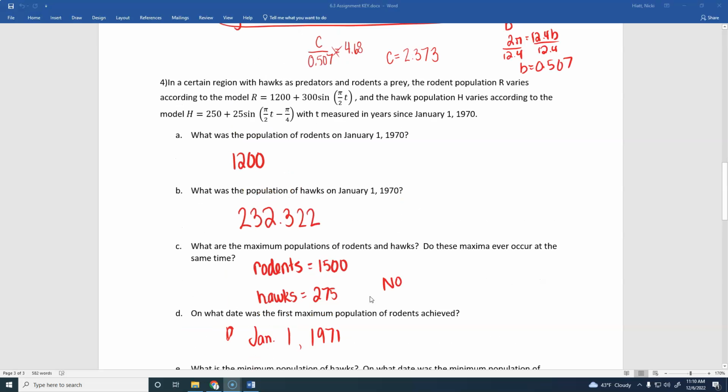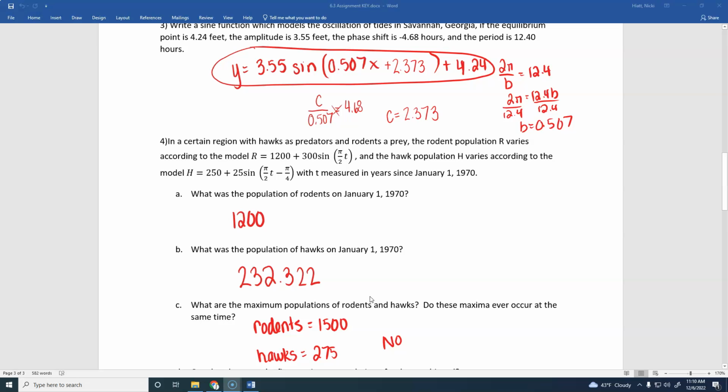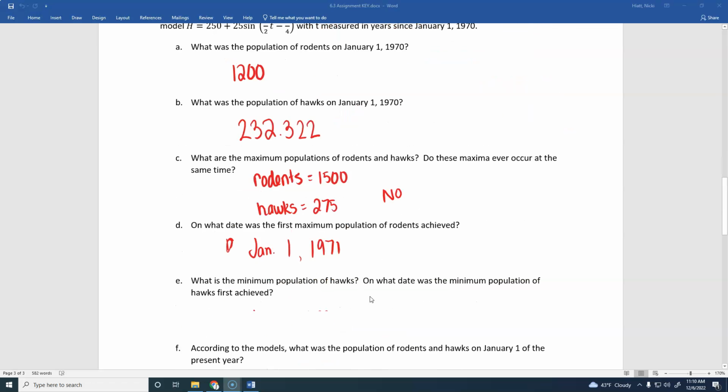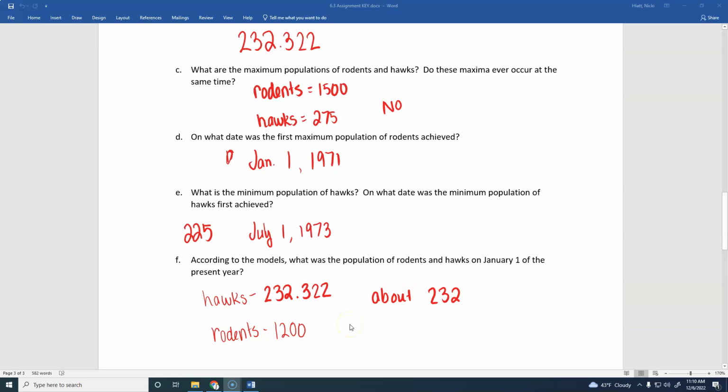Okay, other questions? So for part F, you just do like 2022 minus 1970? Yes. And actually, that answer's probably wrong, because I did not go back. I'm not sure when I last updated this answer key. Yeah, it probably is wrong, because I know I did not update this for 2022.